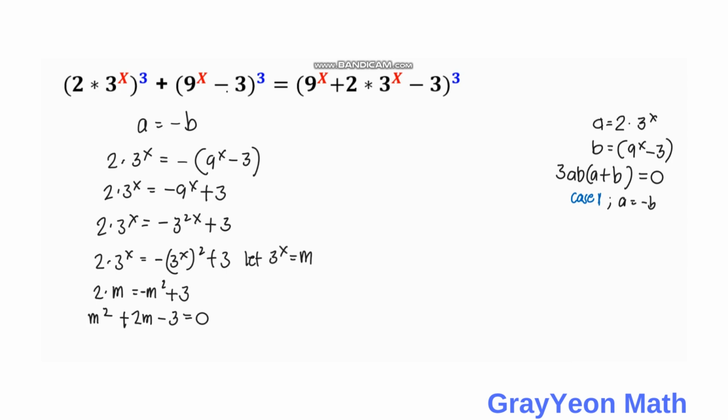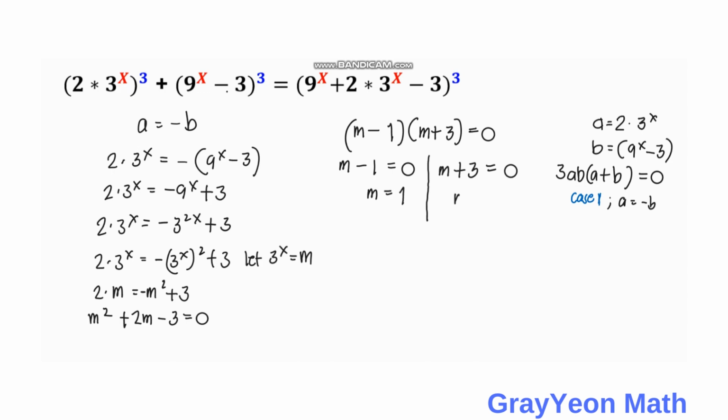If we factor that out, we have m minus 1 times m plus 3 equal to 0. So we have two solutions: m minus 1 equals 0 and m plus 3 equals 0. So m is equal to 1 and m is equal to negative 3.